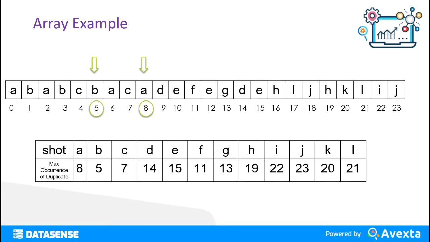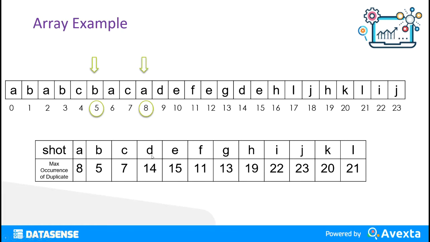And as long as we're constantly comparing when we're going through our shots array, we can call this our shots and these are our duplicates, we can see what segment we can throw out. So for example, if we have A, we know that A is greater than 5, then it's going to go to B, which is greater than 5, and then even C, which is greater than 7.